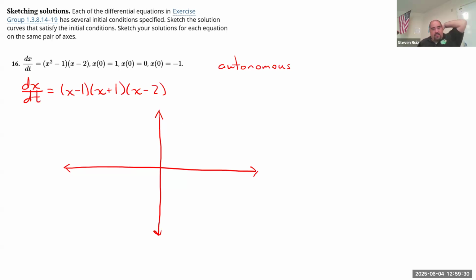So first thing I would like to do, and that's something I would strongly encourage, is this. Try to understand where your equation is going to be in equilibrium, or equivalently, where is dx/dt going to equal 0?